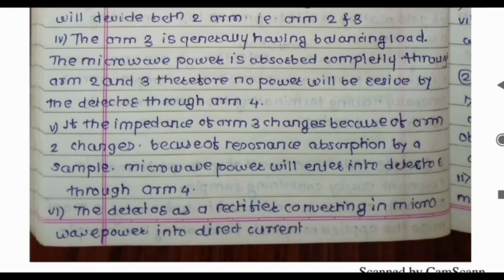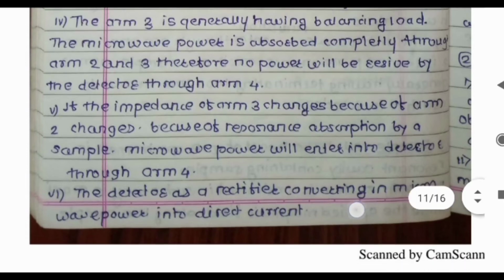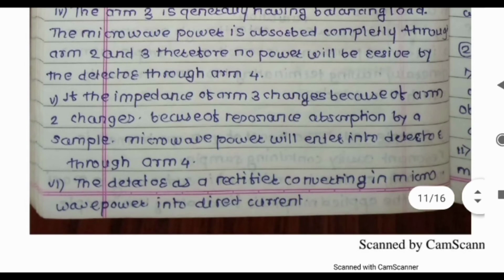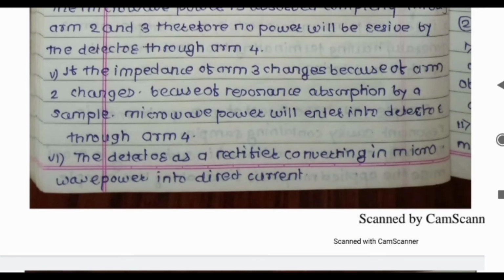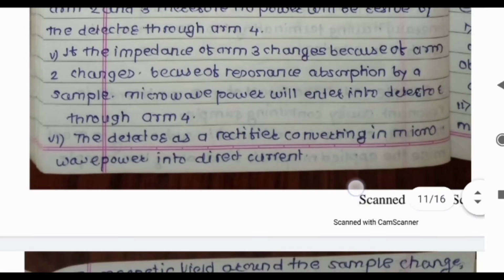Because of the resonance absorption by the sample, microwave power will enter the detector through arm 4. Once arm 4 receives the signal, it transfers it to the detector, which is our silicon detector.